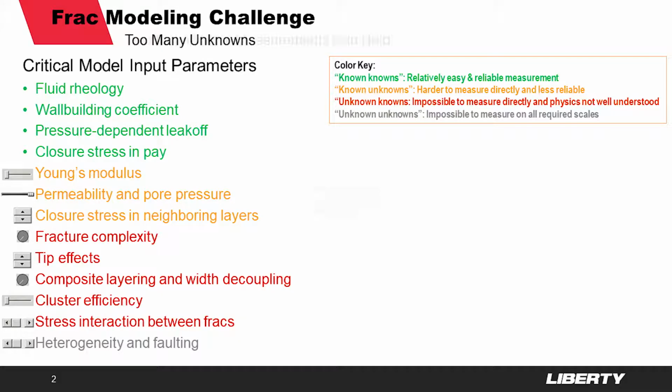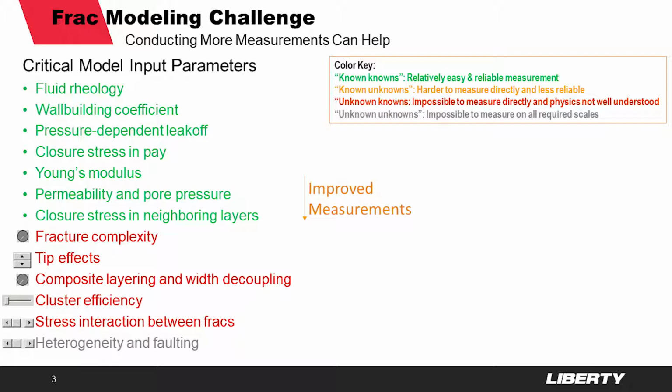So what we can do in the field is do additional measurements beyond what is normal on a typical frac project. Maybe do improved measurements such as DFITs, core testing, things like that, measuring closure in neighboring layers. And with these improved measurements, we can eliminate some of the uncertainties in parameters.